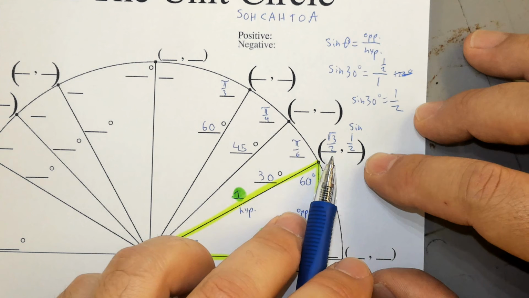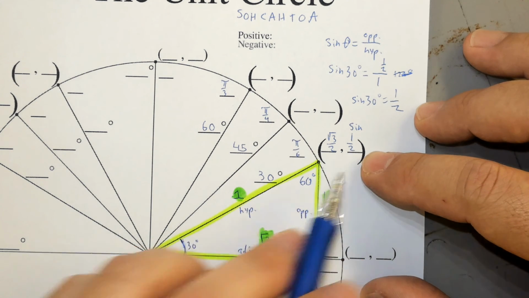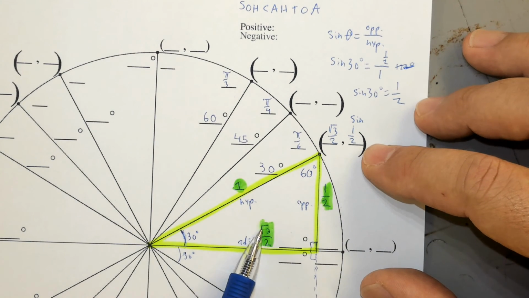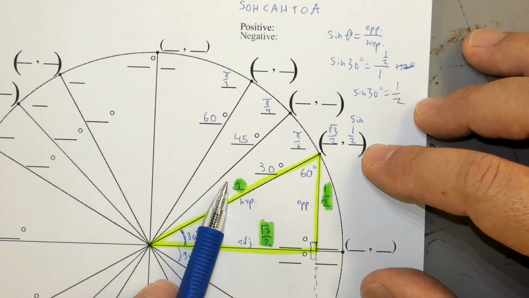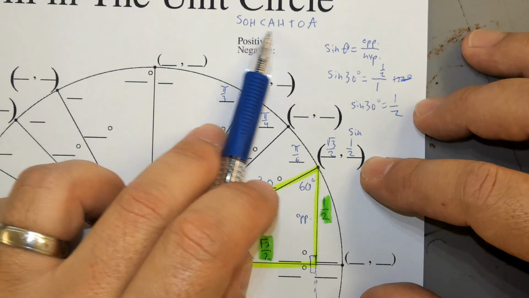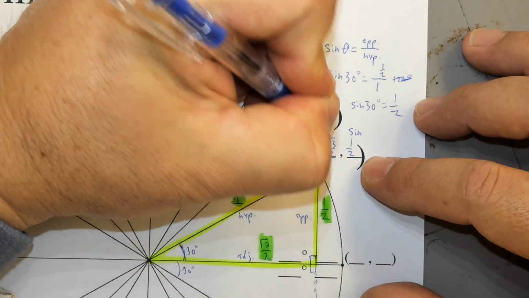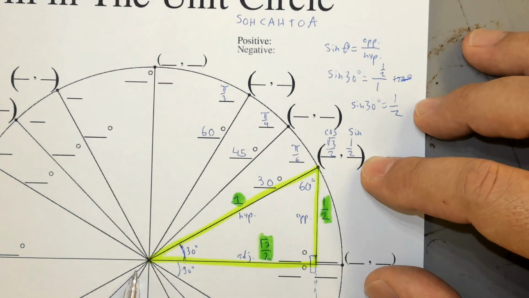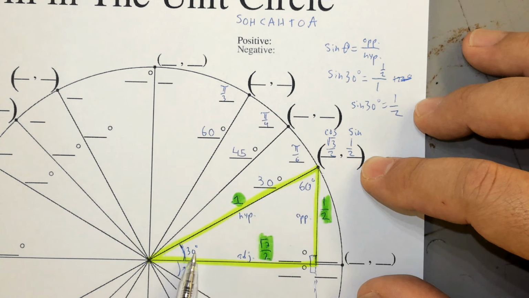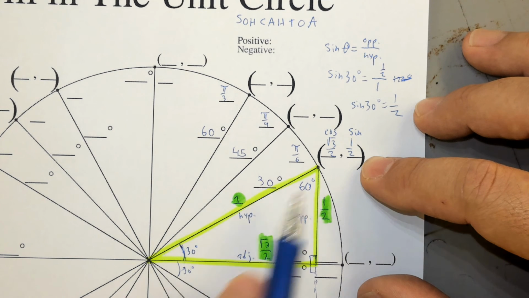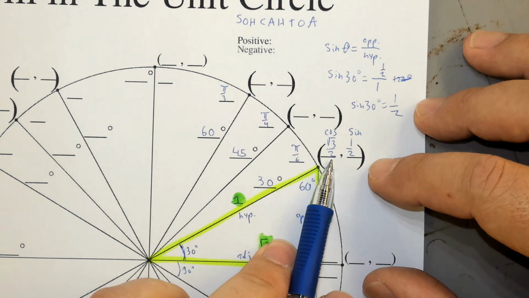So what do you think radical 3 over 2 represents? Let's see, radical 3 over 2, that's adjacent over what? Hypotenuse. Adjacent over hypotenuse. Oh, this means this is cosine. The cosine value of 30 degrees is radical 3 over 2.